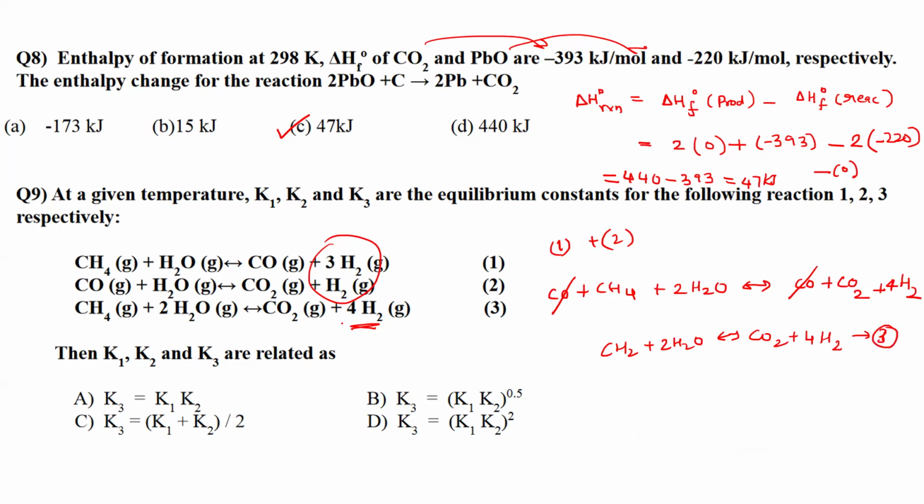Right? So that's why we have delta G3 equal to delta G1 plus delta G2. So we know minus RT ln K3 equals minus RT ln K1 plus minus RT ln K2.